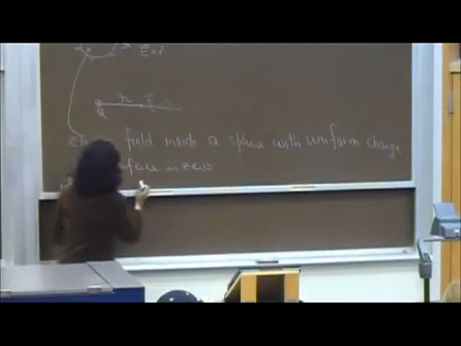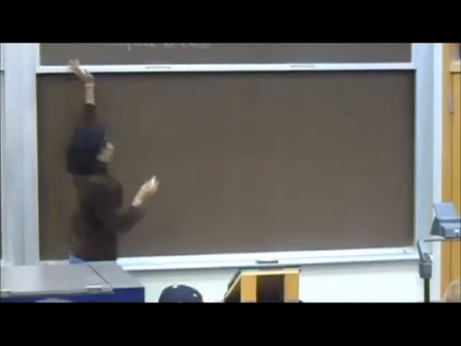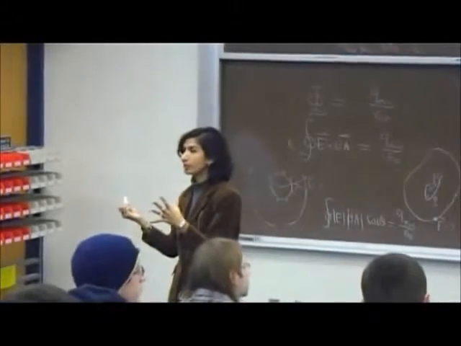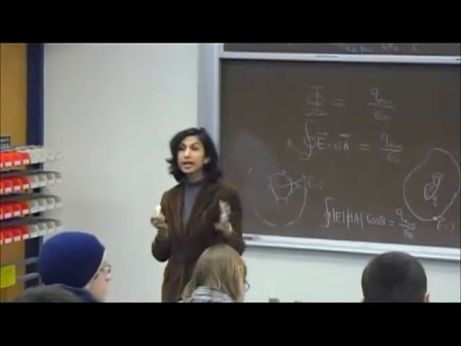So if we had to make a graph, suppose in the exam, one of your questions says choose which of these graphs is the correct graph for the electric field with uniform charge on its surface, and it shows the electric field inside and outside.